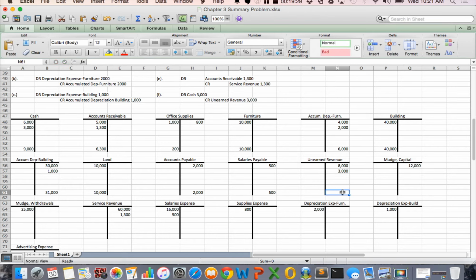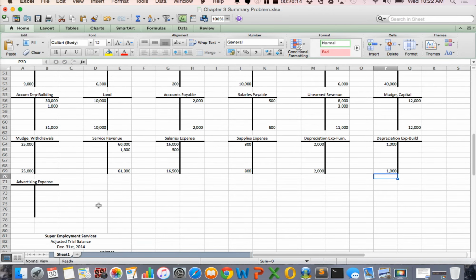Mudge capital stayed the same. Mudge withdrawals stayed the same. Service revenue, 60,000 plus 1,300, 61,300, right? Salaries expense, 16,000 plus 500, 16,500. Supplies expense, just the one entry. Depreciation expense furniture, just the one entry. Same here. And nothing for advertising expense.